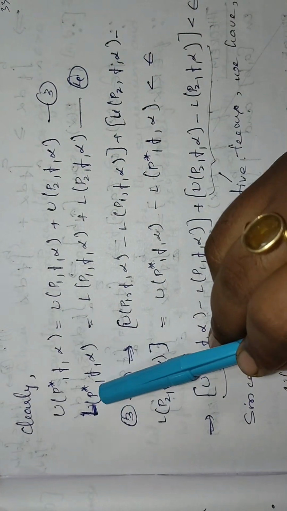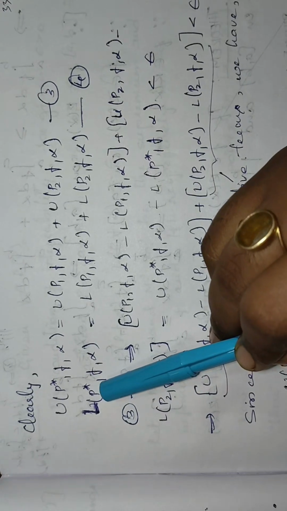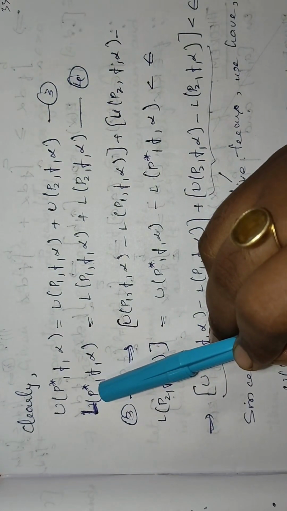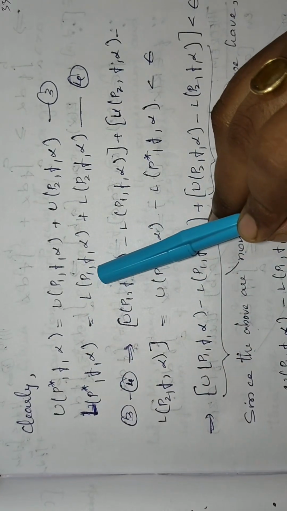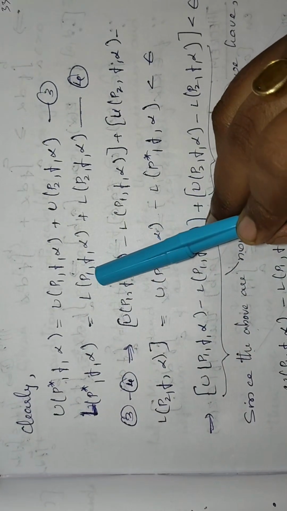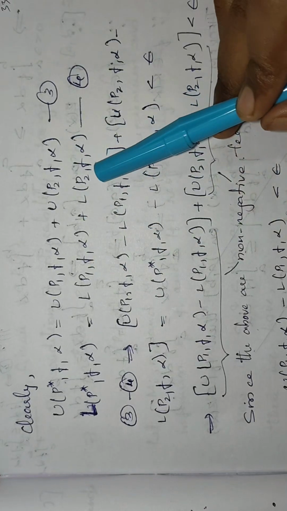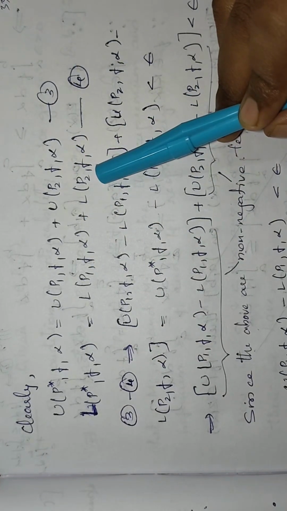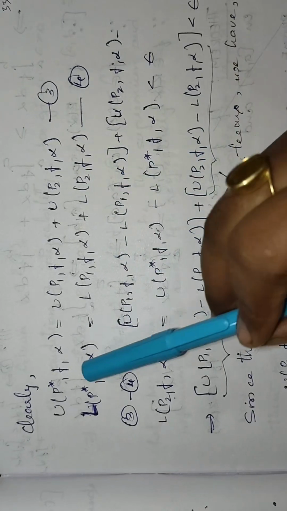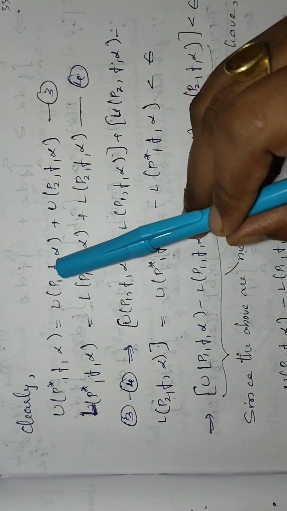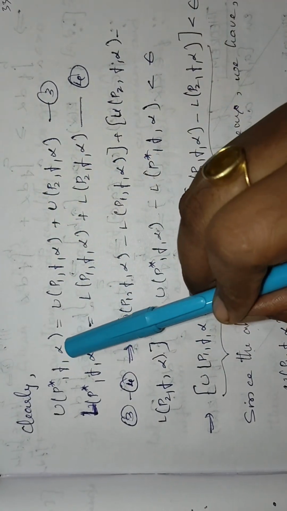Here P star is the partition of closed interval a comma b, P1 is the partition of closed interval a comma c, and P2 is the partition of closed interval c comma b. So when you add these you get this, and similarly when you add these two you get this.